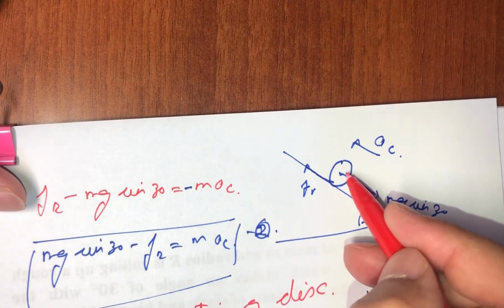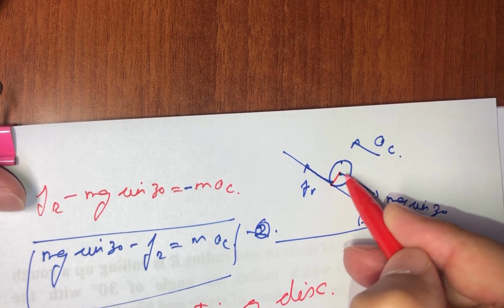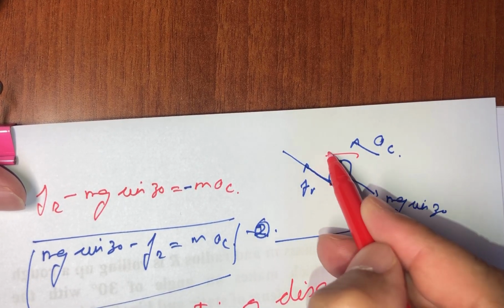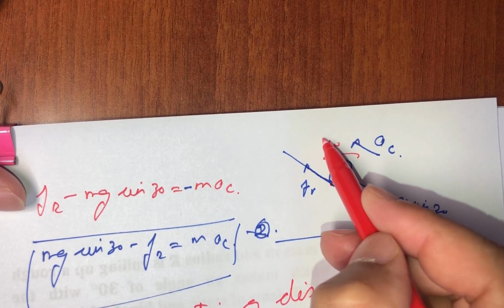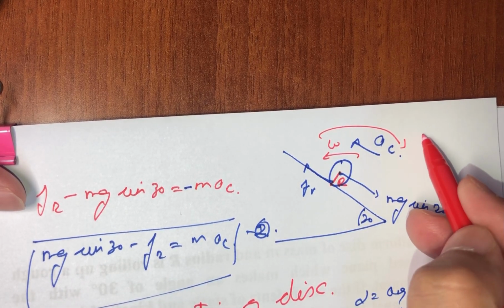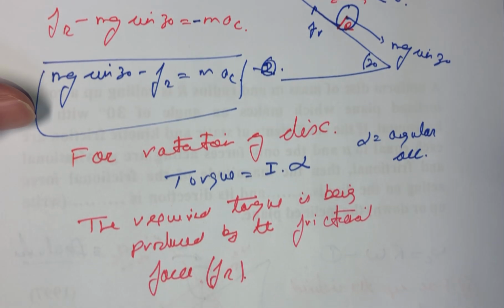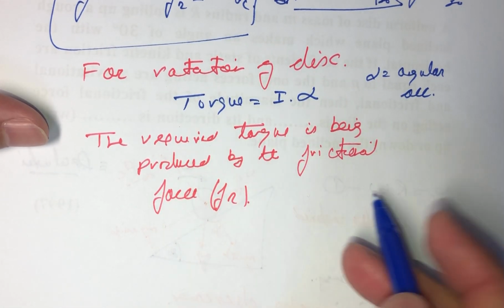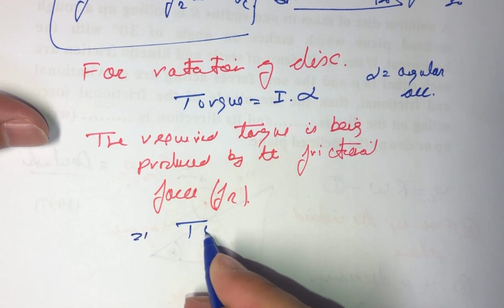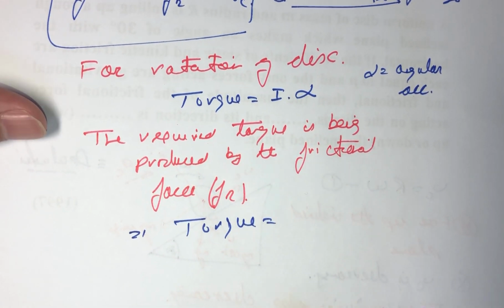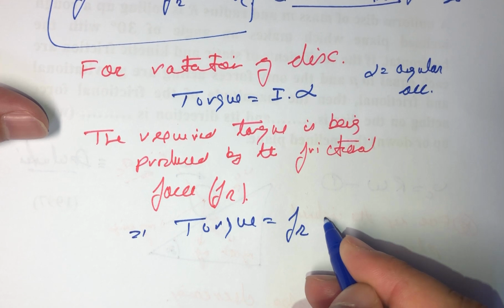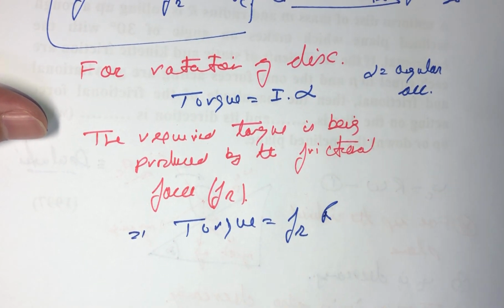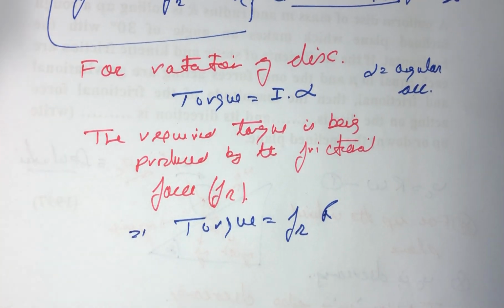So this is our Fr, and the perpendicular distance is given as capital R, and this is our angular velocity, and it is producing an angular acceleration alpha in the opposite direction. Therefore we can say that the torque can also be given as the force multiplied by the perpendicular distance R. So we can equate these two.